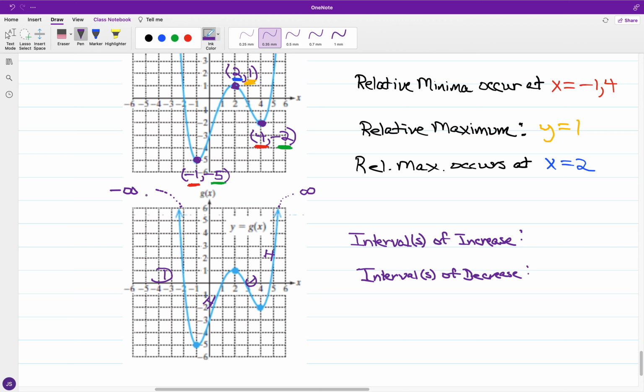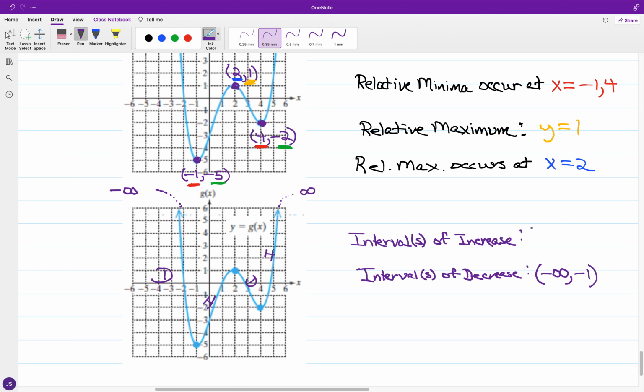The first bit of motion is a decrease, starting from -infinity and approaching, but not including, the x value where we have the first relative minimum, so approaching x at -1.